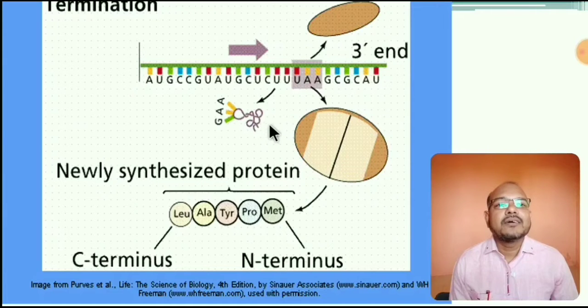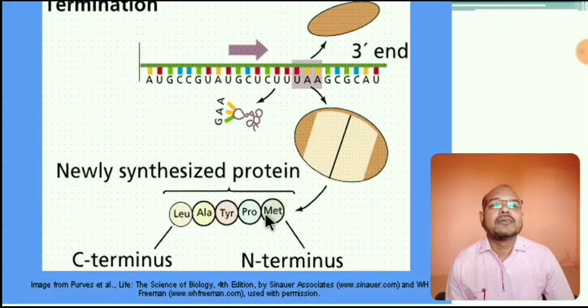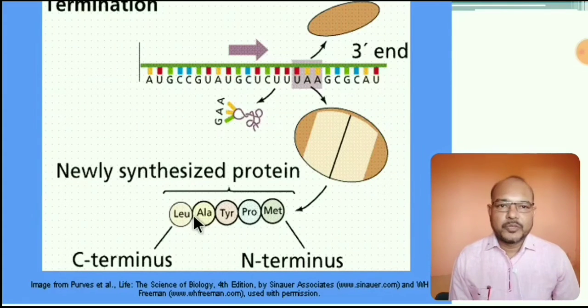When all the factors, tRNA and mRNA are terminated, we have the newly synthesized protein, with a carboxyl terminus and an N terminus in its chemical structure. This outline only shows the amino acids attaching one by one to form the long polypeptide chain.